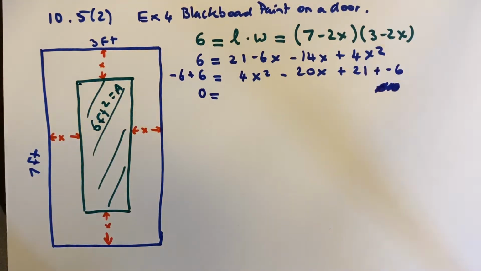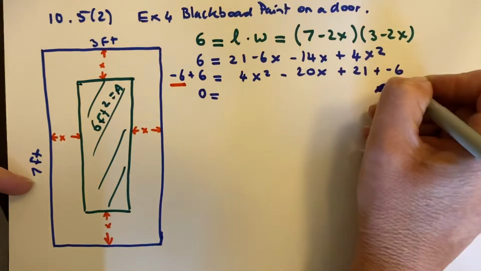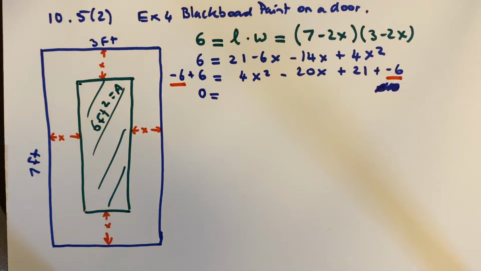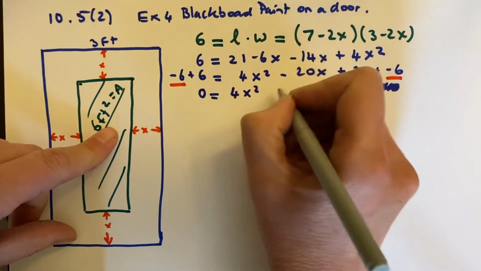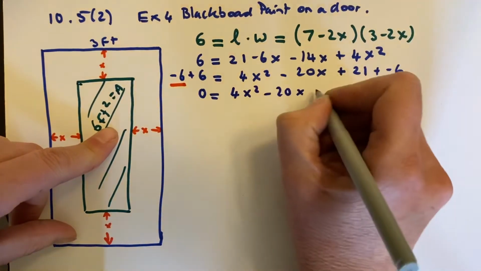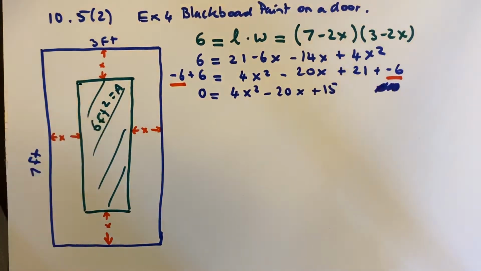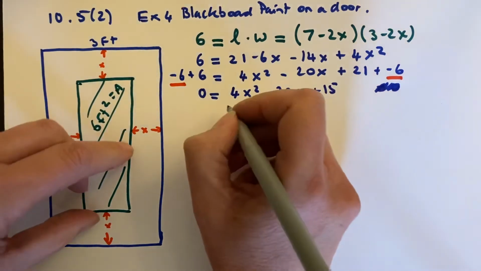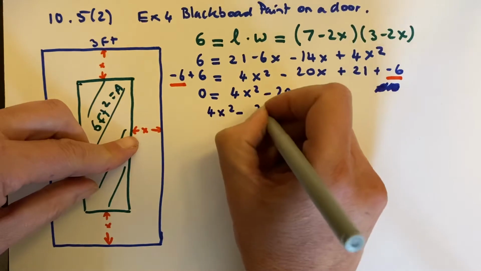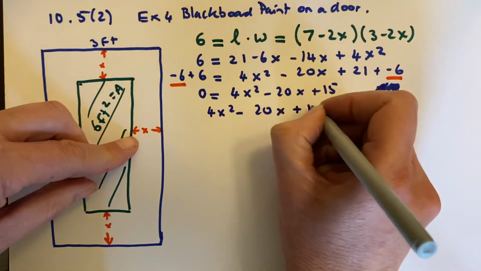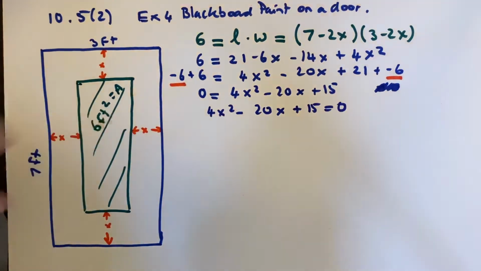I'll put that in red, just so you can see that this is an add-on. And we're going to get 4x squared minus 20x plus 15. Now I'm going to flip it to something that's more comfortable for me and set it equal to 0.